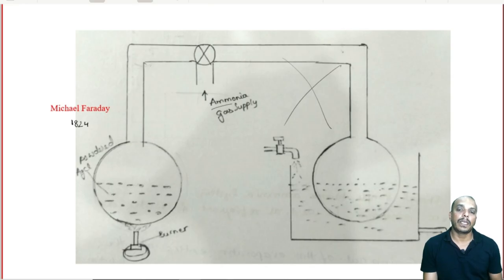Now, at different pressures and temperatures, this has less affinity towards ammonia. For example, if we heat this one, we will stop this ammonia gas supply and open this valve so that whatever separates from here goes to the other side.